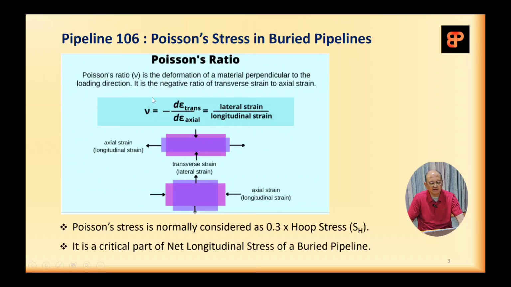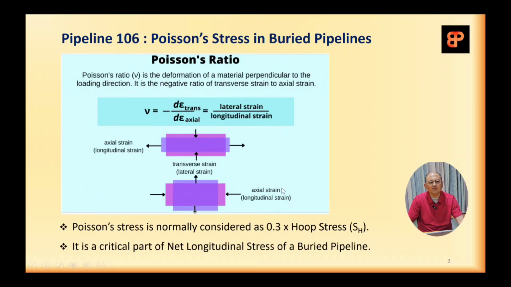Since we said that it is a ratio of transverse strain to axial strain, and it is 0.3, if the lateral strain is 1 unit, then in the axial direction it is going to be almost 1/3, so it is almost 0.3.